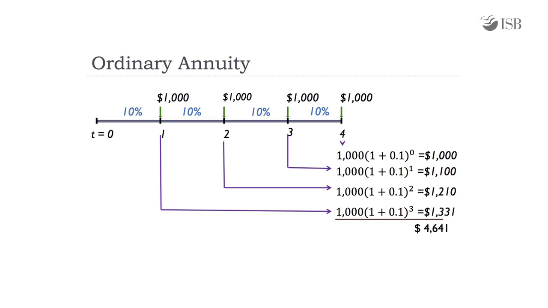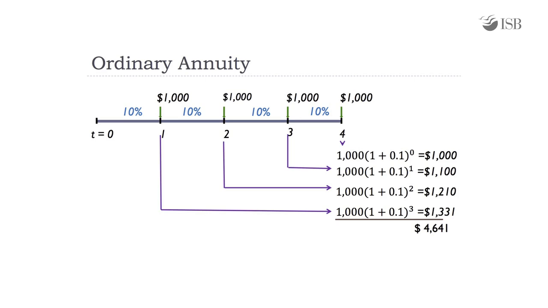Let's say that the interest rate is 10% a year. The payment at the end of the first year has to be moved from year 1 to year 4. So its future value is 1,000 times 1 plus 0.10 the whole cubed, which equals $1,331. The payment at the end of the second year has to be moved from year 2 to year 4.